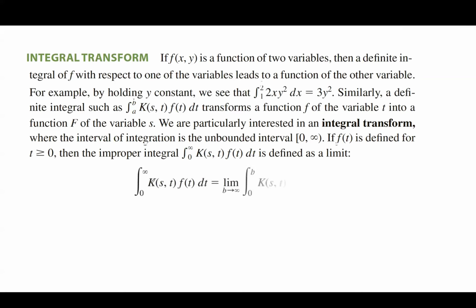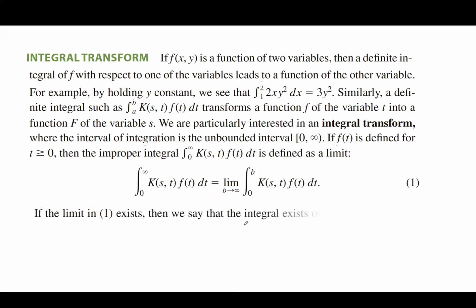It's defined as the limit of the definite integral from 0 to b of k of s and t times f of t, and then you take the limit as b, the upper bound, goes to infinity. And as you remember, we call this an improper integral. If the limit exists, then we say that the integral exists, or it is a convergent integral.